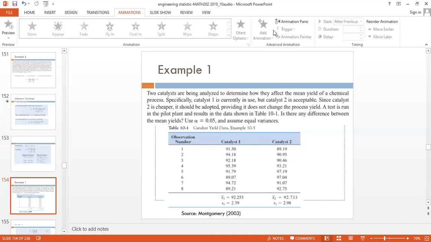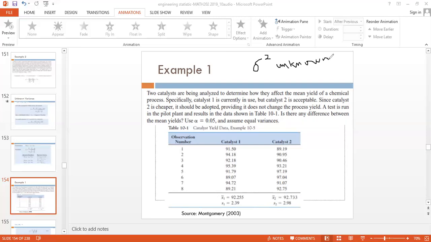So the first thing that you do is to find the sample mean and the sample standard deviation for catalyst 1, then the same for catalyst 2. But we have to take note that in this case sigma squared is unknown, we do not know it, it was not given. That is why we are estimating with the sample standard deviation.